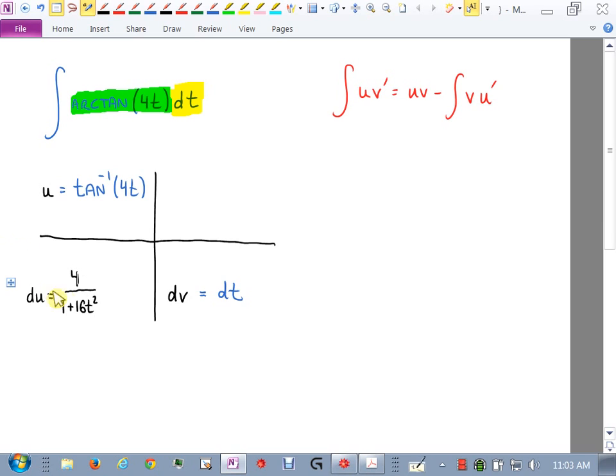Is that okay? Put the 4 up here instead of out here. And then what's still out here? dt, the differential, right? All right, now when I integrate dv up to v, the antiderivative of dt is the same as the antiderivative of 1. The antiderivative of 1 should be the variable. The variable here for us is t. So this should just be t.